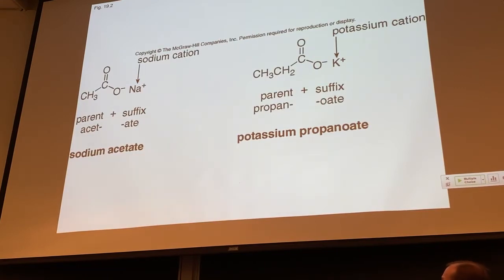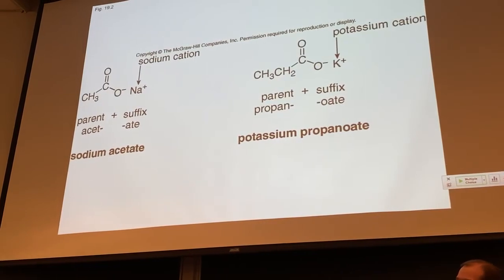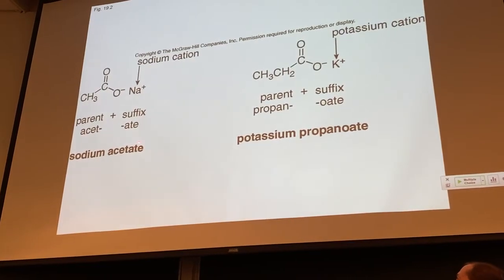If we're using the common names for the carboxylic acid, we drop the ic acid and add ate. If we're using the IUPAC names, the way they've drawn it here, they're dropping the oic acid and adding oate, but you could just drop the ic acid and add ate. The same thing here, you just end up with that O stuck in the name. So when it's oate, it's coming from the IUPAC name. When it's ate, it's coming from the common name. Most of you have heard of acetate before. This is how that name is derived. Any questions?